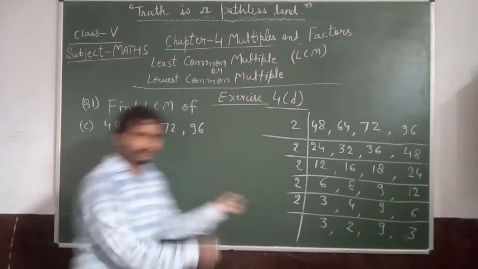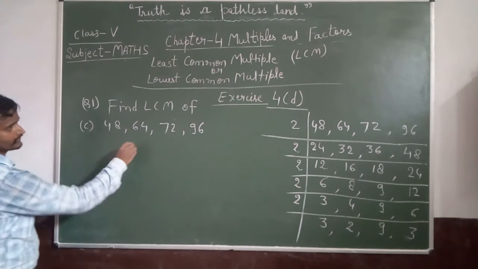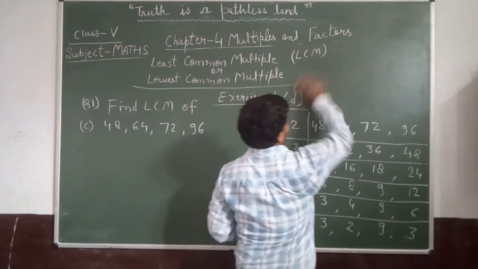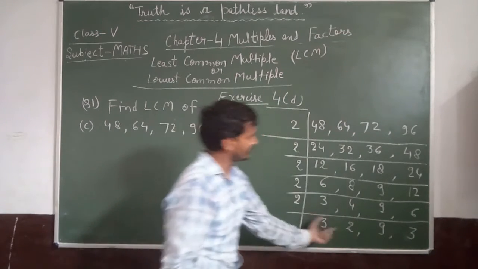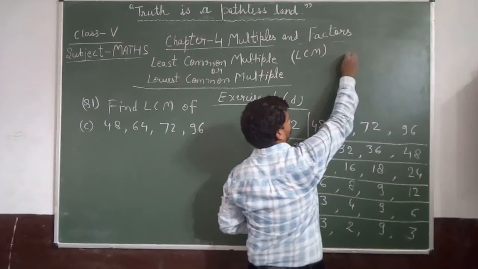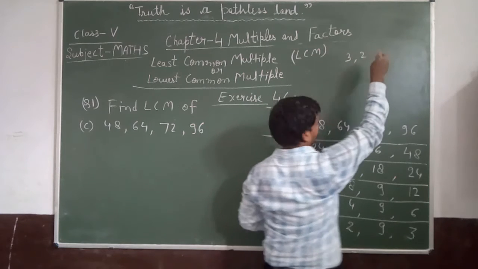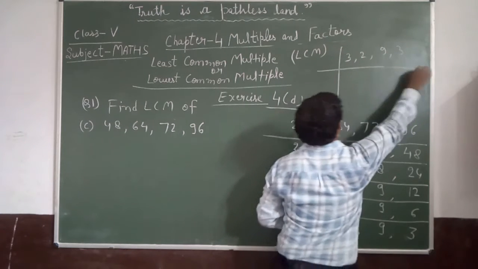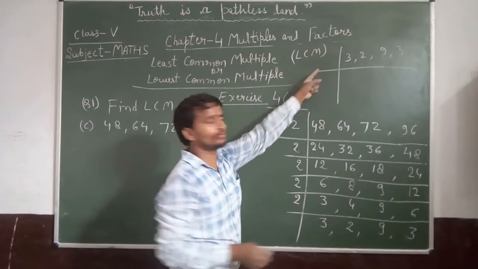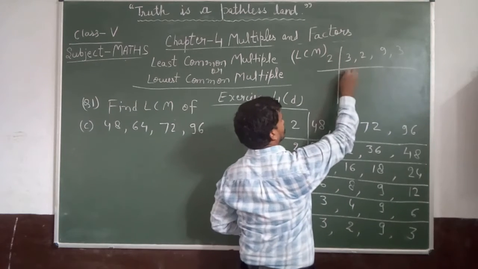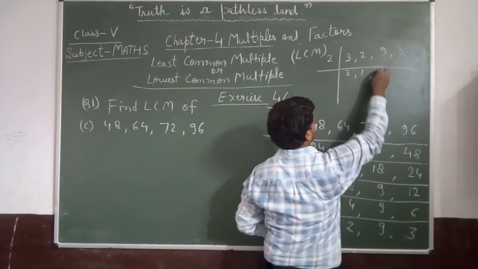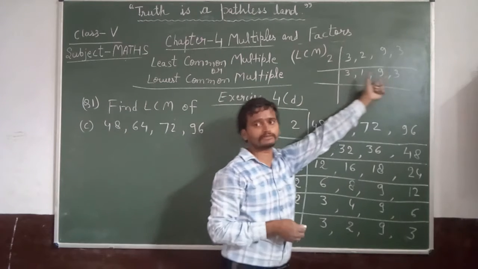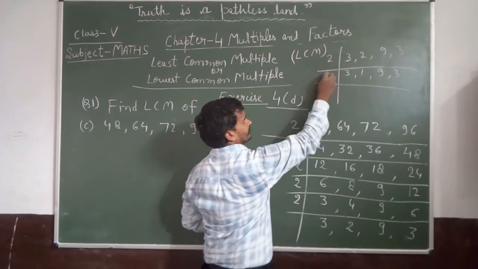Next step is here. 3, 2, 9, 3. On dividing by 2, 3, 1, 9, 3. Now divide these numbers by 3.